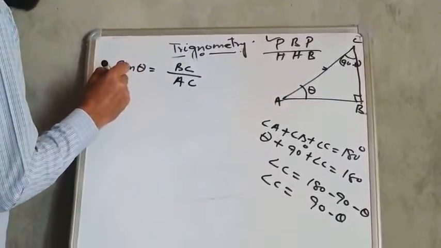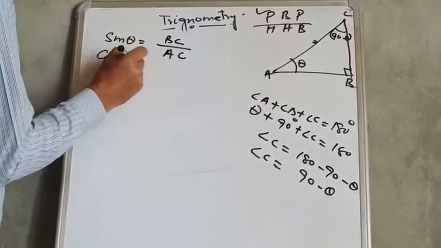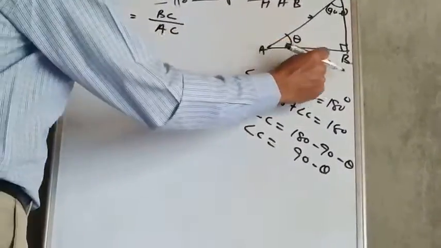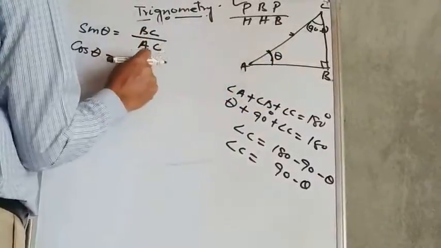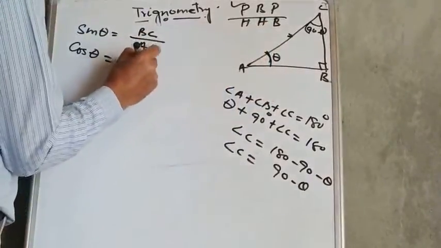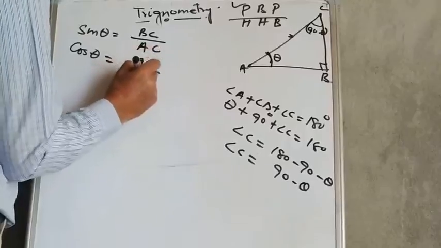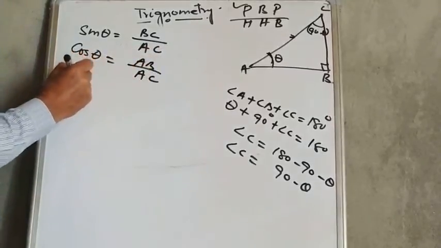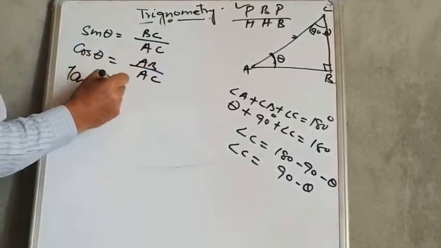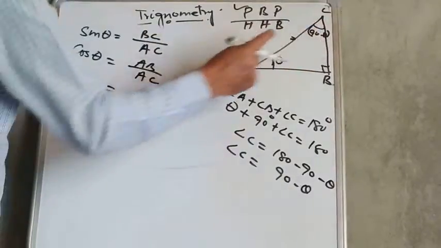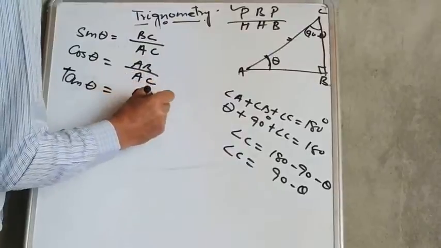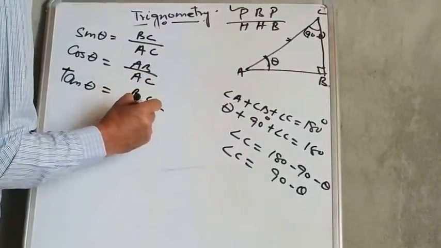Now, what is cos theta? Cos theta is base adjacent to this angle, base by hypotenuse, that is AB divided by AC. And what is tan theta? Tan theta is perpendicular divided by base. What is perpendicular here? It is BC divided by AB.